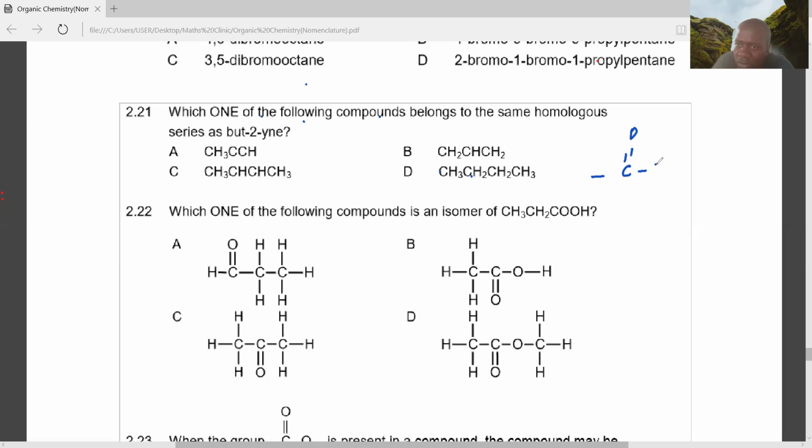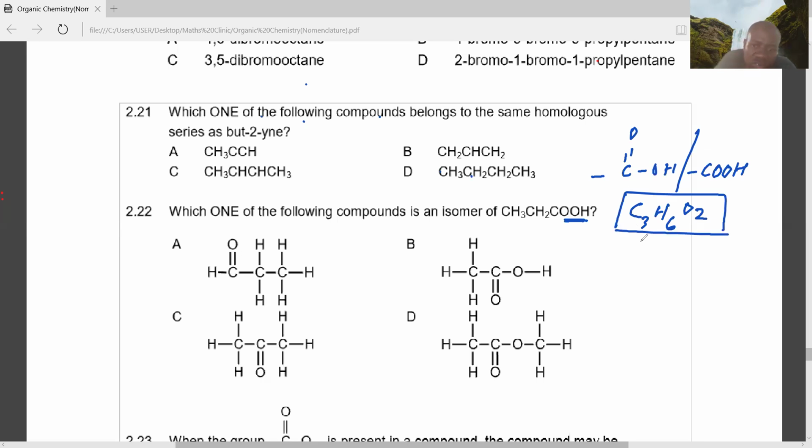This is the same as COOH. So already we have the COOH there. If we write the molecular formula, it will be C, 3 hydrogen, hydrogen should be 6 with 2 oxygen. So what does this mean? It means this is a carboxylic acid.